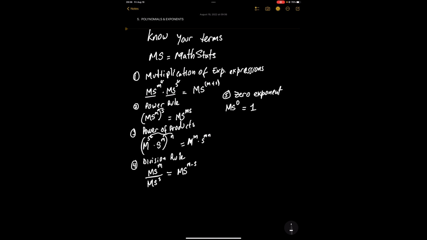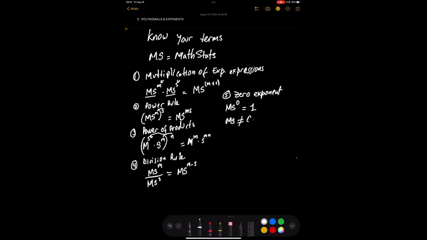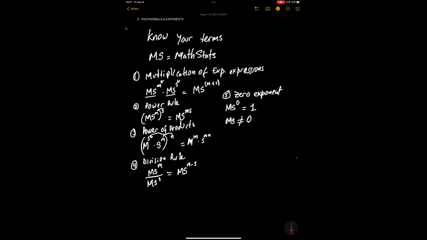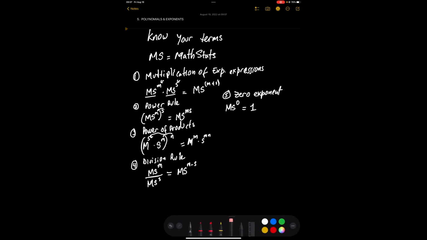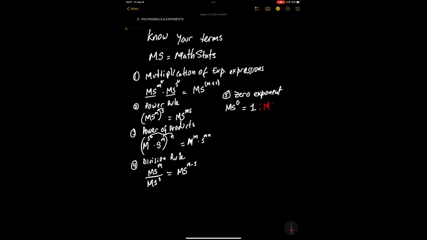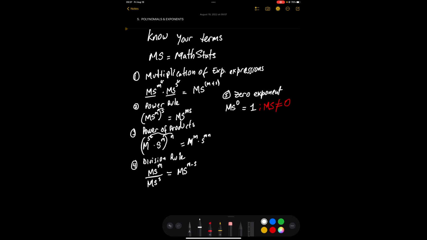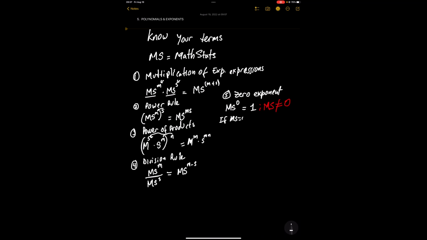Anything to the power of 0 equals 1, except there's a caveat. m by itself cannot be equal to 0, because if m is equal to 0, then the expression is undefined.